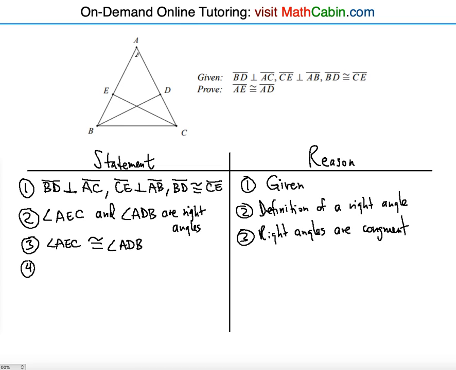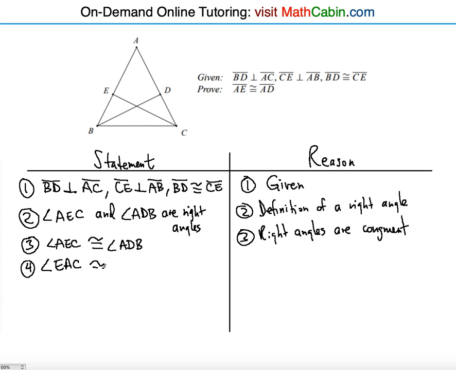Now notice that angle A is shared in these two triangles that we're trying to show to be congruent, right? It's the same angle for these two triangles. But just for the sake of showing that these are distinct triangles, we're going to name it angle EAC, so that you can see it's part of this triangle.